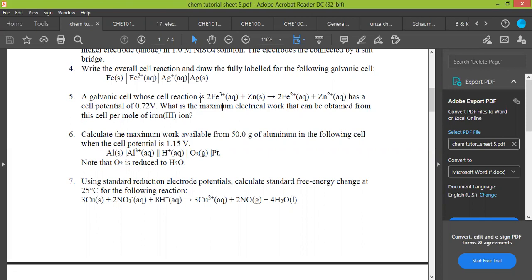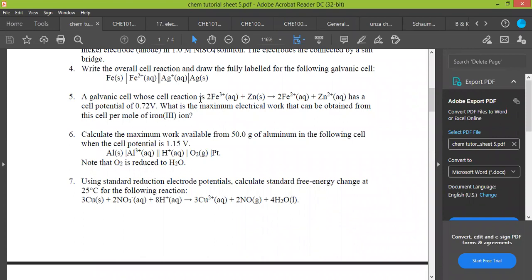Okay. Once you have written that, now you can put in the values that come with that. So you have minus 2 electrons as the number of electrons being transferred, multiplied by the Faraday constant, which is 96,500 or 96,485.